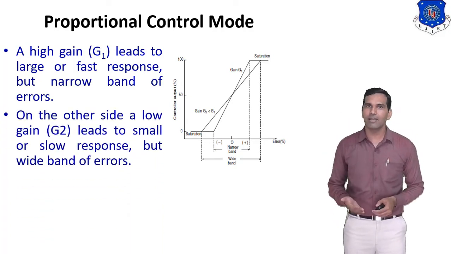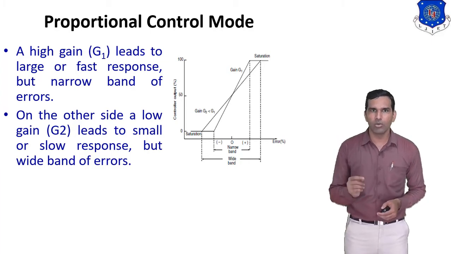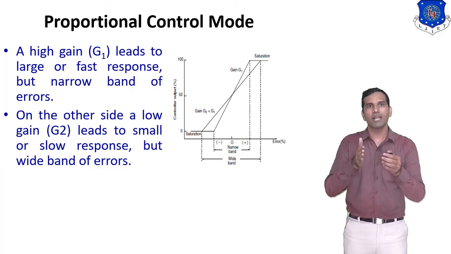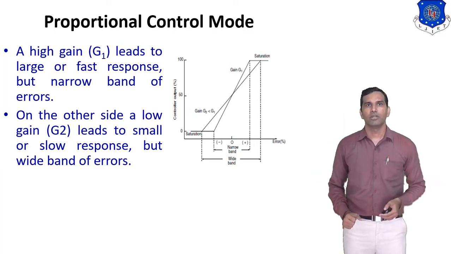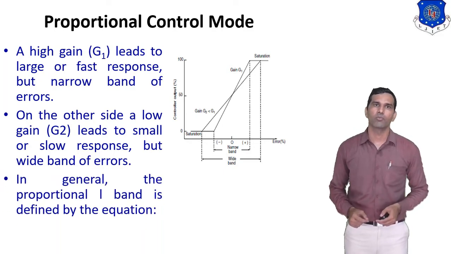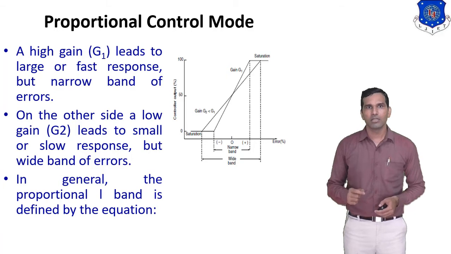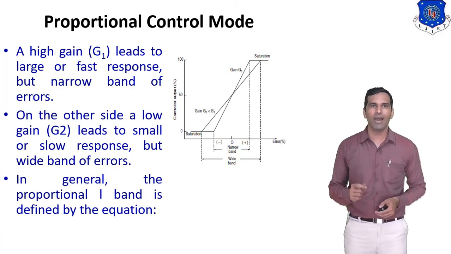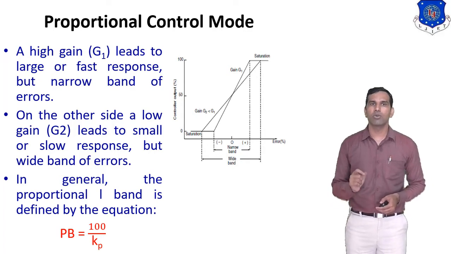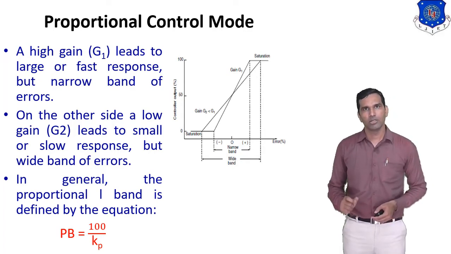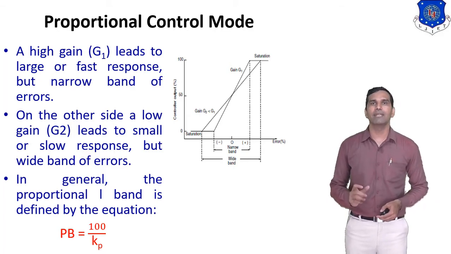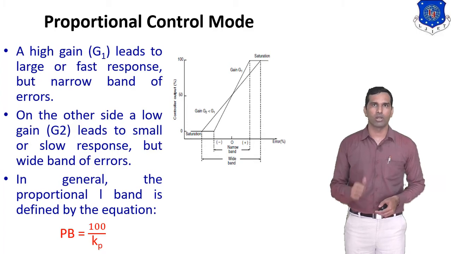On the other hand, a low gain G2 leads to a smaller or slower response but a wider band of error. This is the operational characteristic of the proportional control mode. In general, the proportional band is defined by the equation PB = 100/Kp, where PB indicates the proportional band and Kp indicates the gain of the controller.